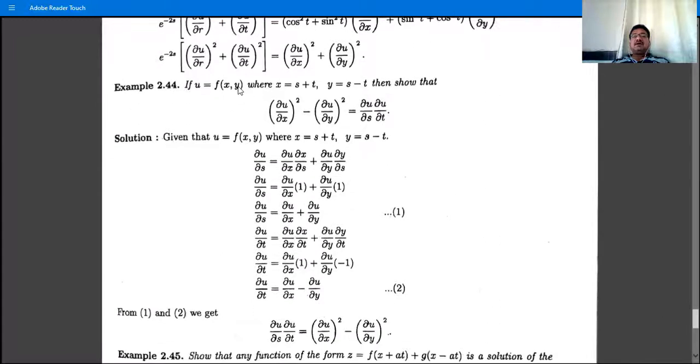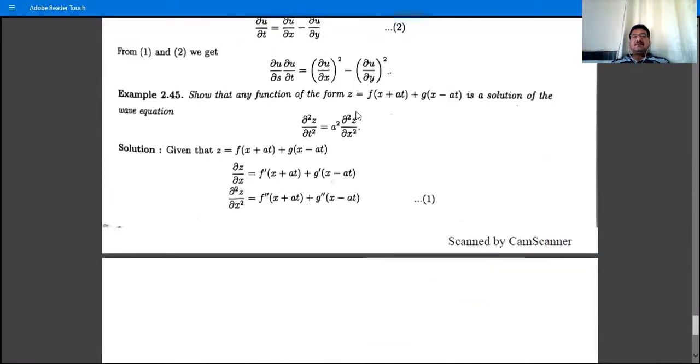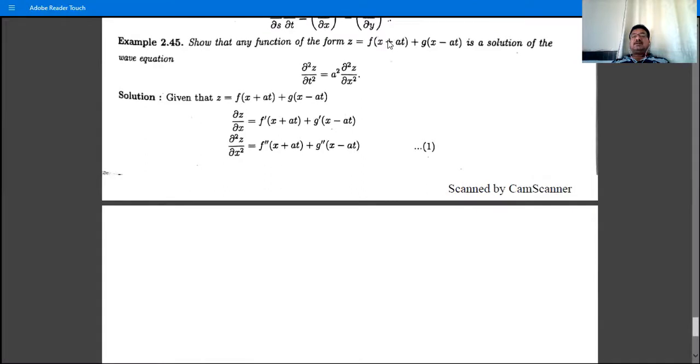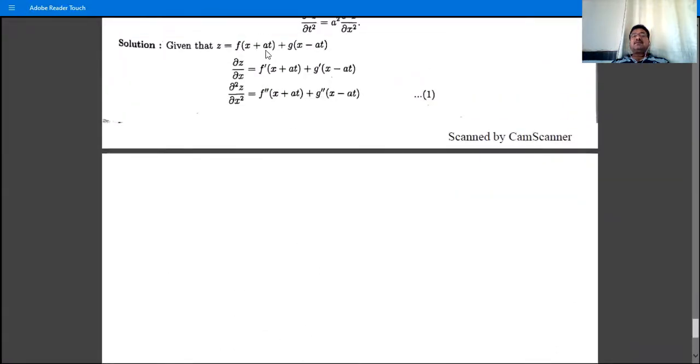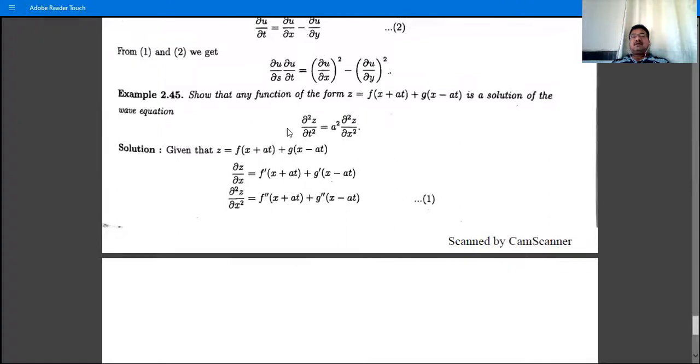So w is f of x, y means w is a function of x and y, and x and y are functions of s and t. Here write x plus at as u, x minus at as v, or another notation, and then solve this problem, or directly apply the chain rule.